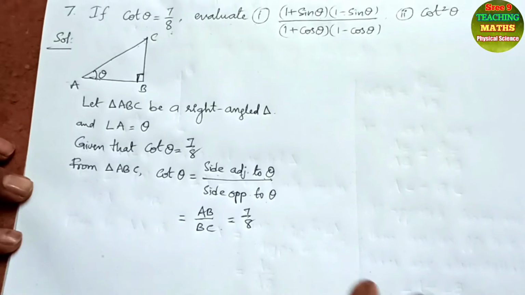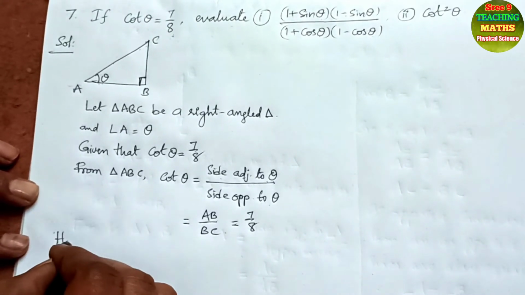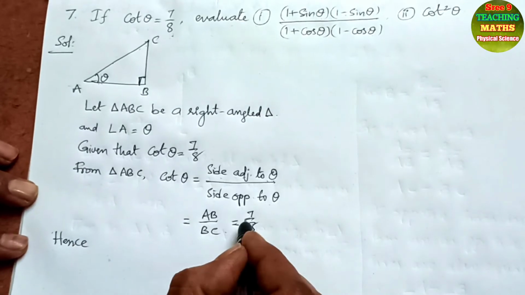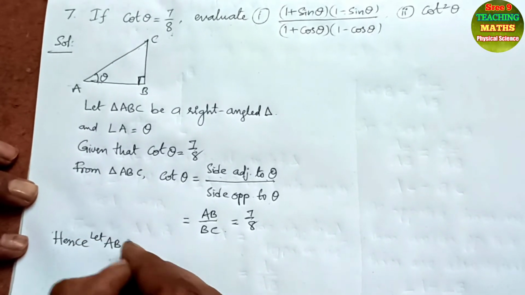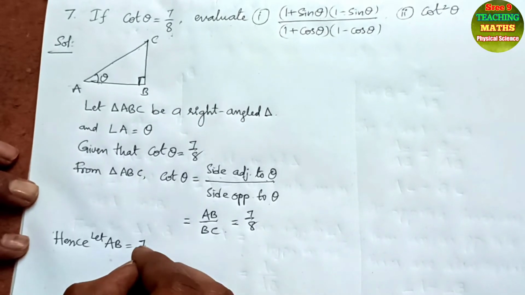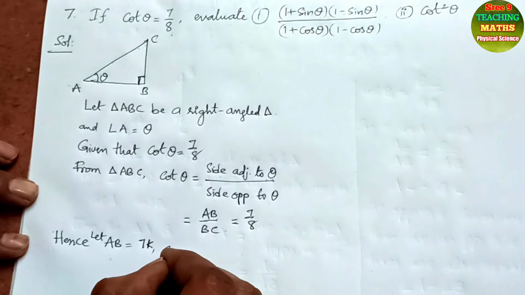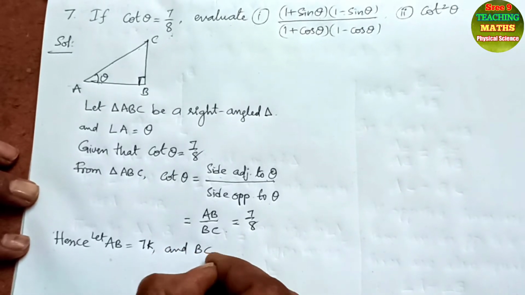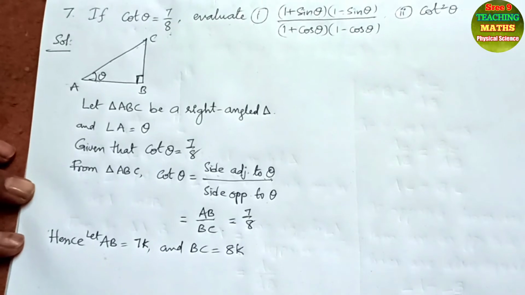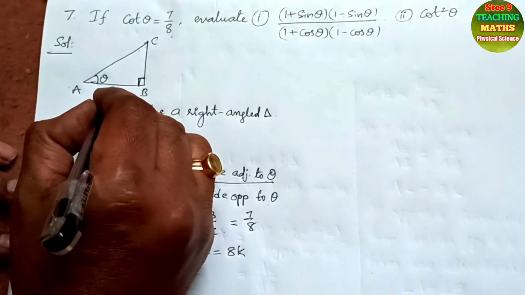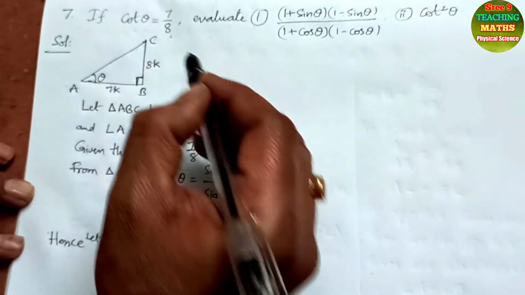So hence, as we have done in the previous problems, let AB be equal to 7K, and BC is equal to 8K.